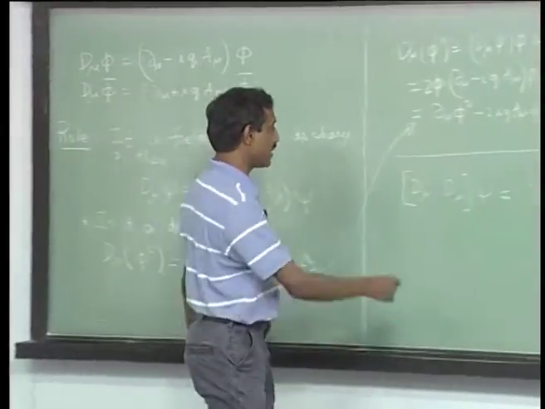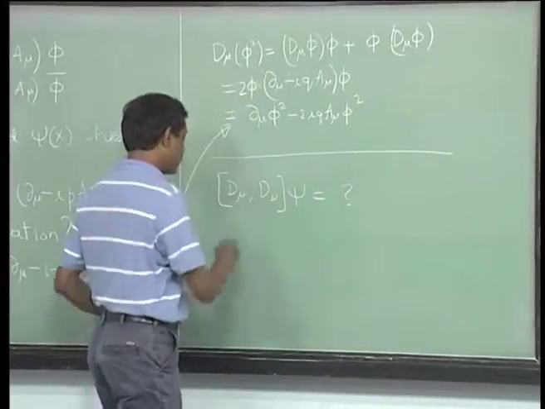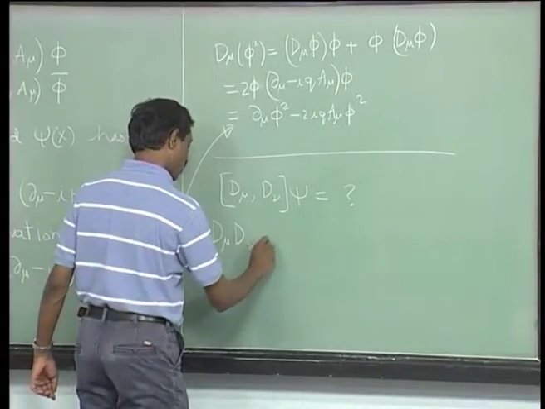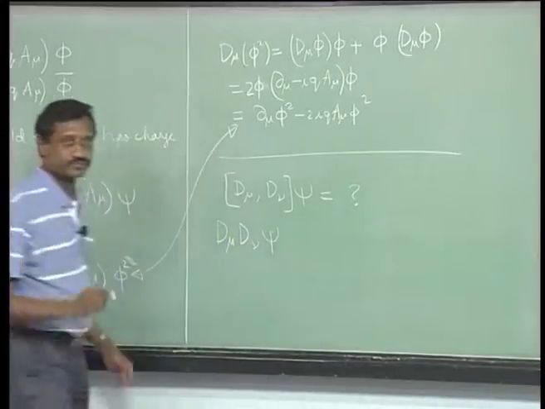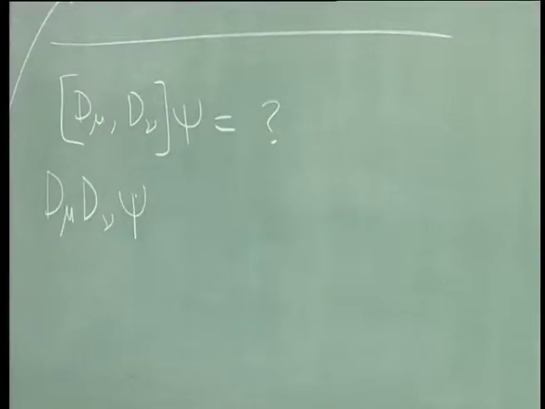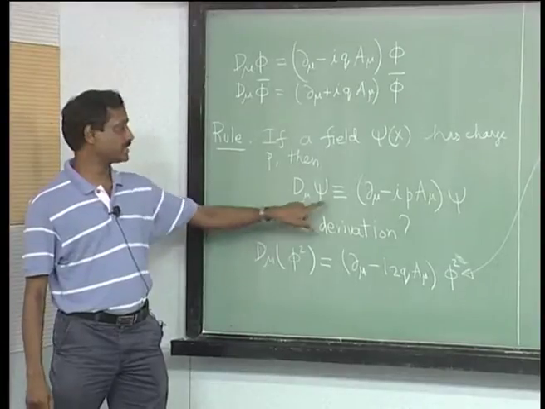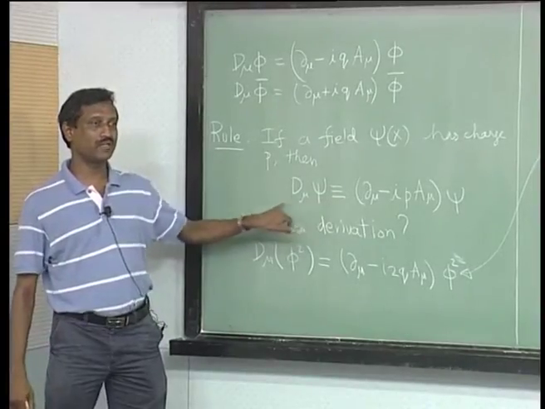The standard practice is not to go ahead and work this way. What you do is to just compute D mu D nu of psi, and we can do it in steps. First point is that by definition D mu of psi has the same charge as psi, because it does not mess up the property.